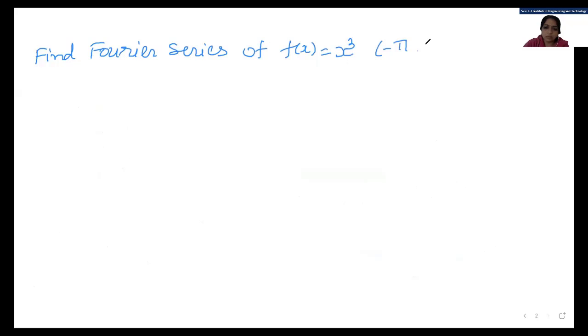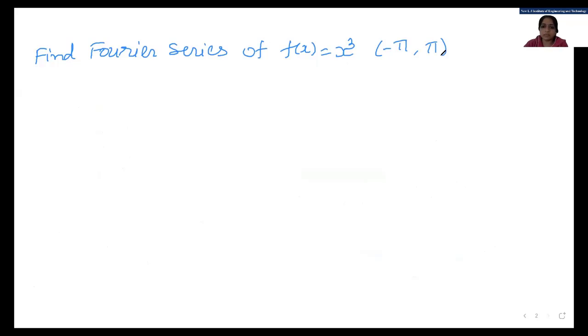Okay, suppose our question is: find the Fourier series of f of x is equal to x cube in the interval minus pi to pi.